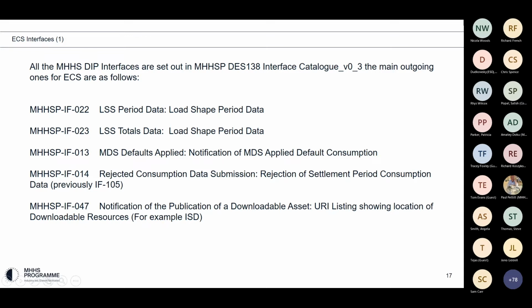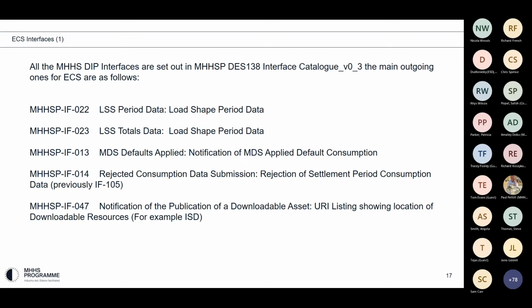These are not an exhaustive list, because there are exception reports and things as well, but the main outgoing ones going out from Electron Central Systems are the 22 and the 23, which are the load shaping ones that I already talked about.